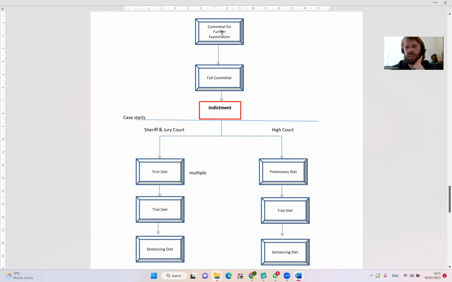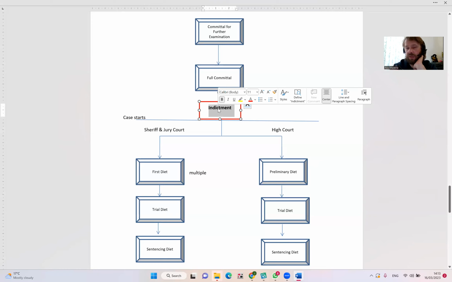The first hearing is normally called the petition hearing, and it's called that because the accused appears in court on petition. Now, what is the petition? The petition is basically the same as an indictment, and the indictment is the official accusation against the accused. In the summary case, if you remember from the video last time, it's called a summary complaint, or sometimes referred to simply as complaint or copy complaint.